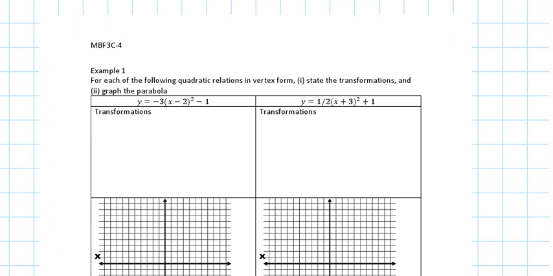So it's -3 bracket x minus 2 squared minus 1. What do I start with? Reflection. Because it's -3, I have a reflection in the x-axis, yes?